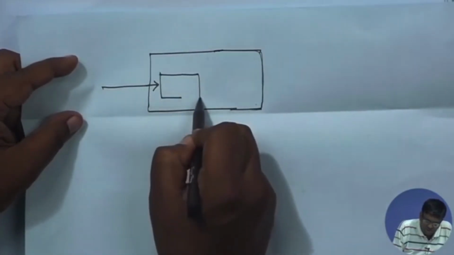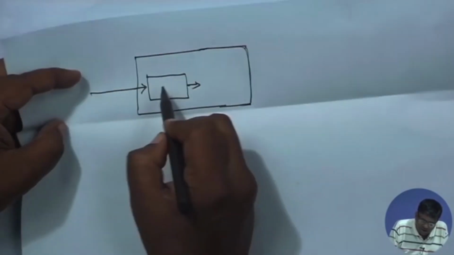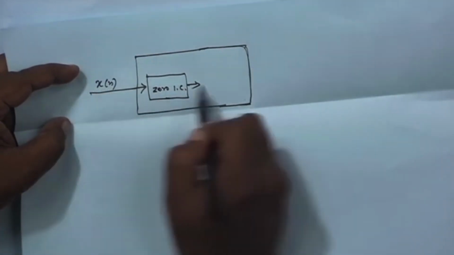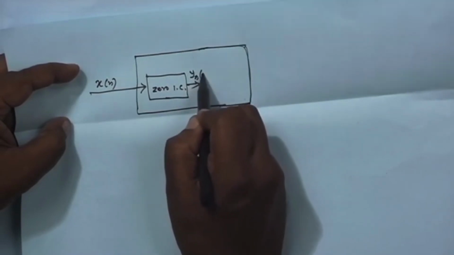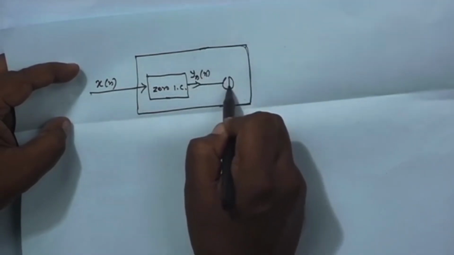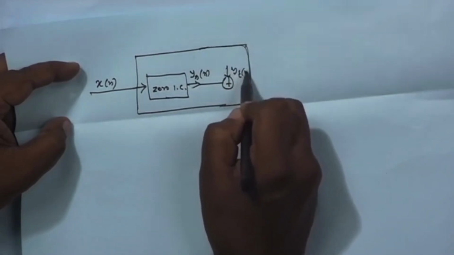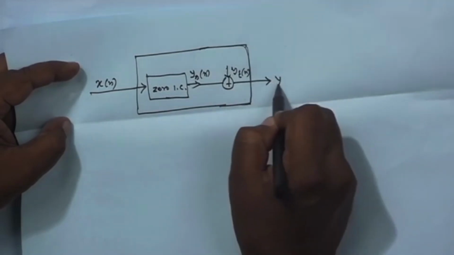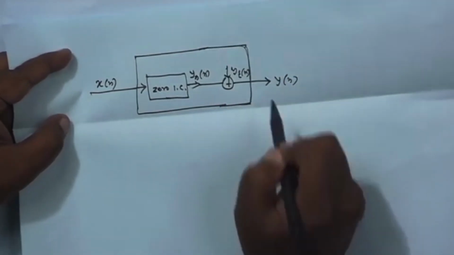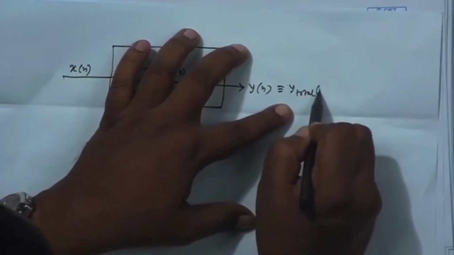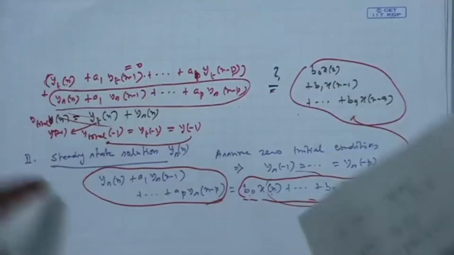So this is one input, one system, and that has 0 IC, meaning initial condition. It takes input x n and gives you the solution y s n. To this, we add y t n, the transient solution, and only then get y total n. You can call it y n, equivalent to y total n. Because what is the total? The summation of the two. So we add y t n.